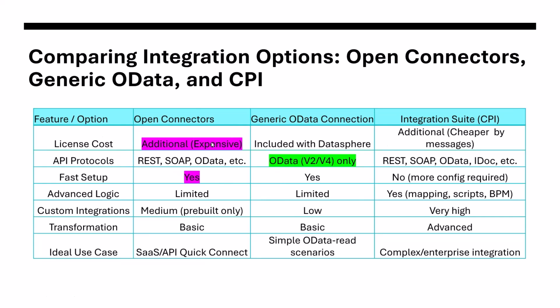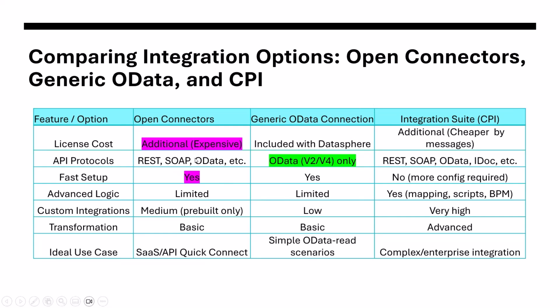Let's take a look at the features and the comparison for all these three different options. We'll start with the API protocol. As we discussed, generic OData connection only supports OData API services. Your integration suite or CPI can support multiple types of API calls and get the responses.